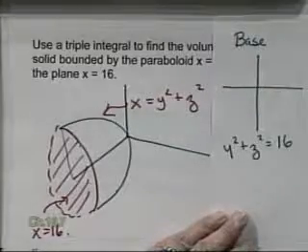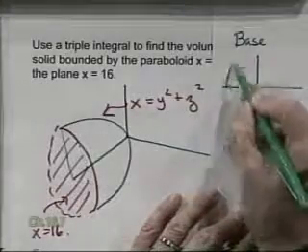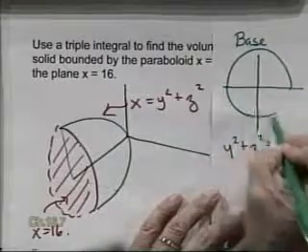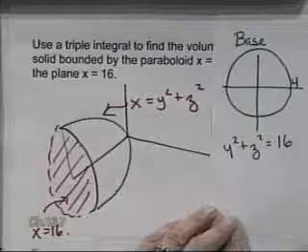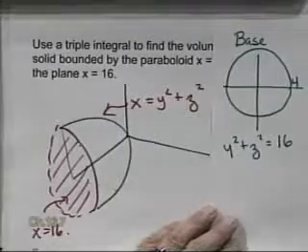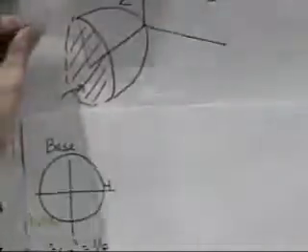What is that? A circle. A circle of radius 4 is my base. You guys tell me, when we do our dy dz's, we're going to be using polars. So let's set up our volume.